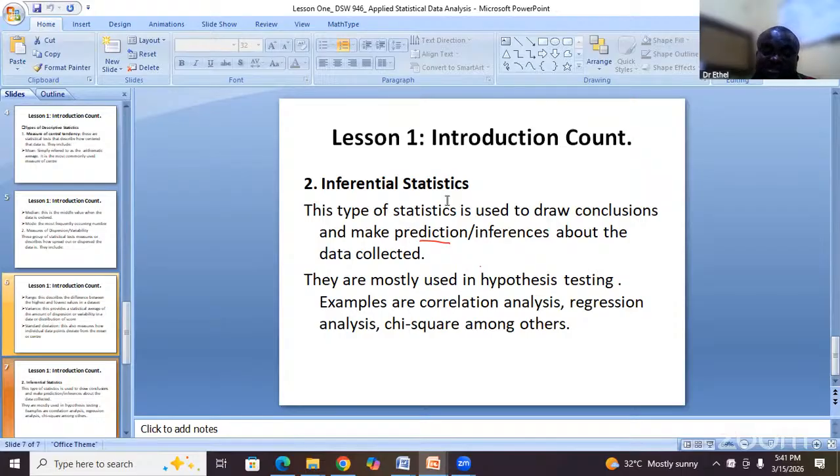This type of statistics is used to draw conclusions and make predictions or inferences about the data collected. They are mostly used in hypothesis testing. Examples are correlation, regression, and so many others.